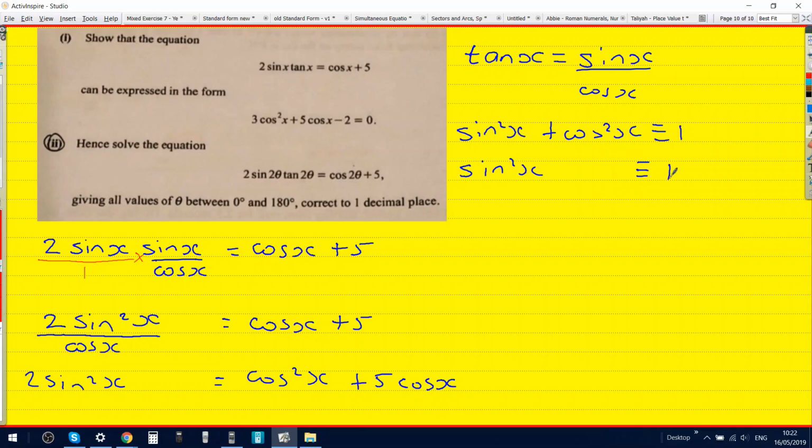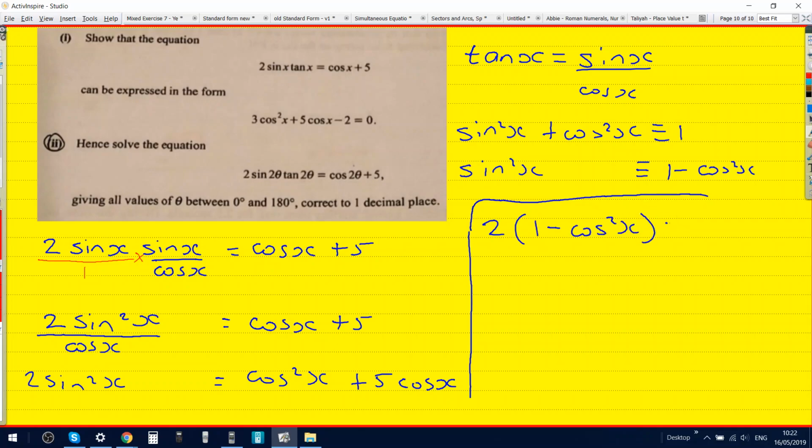Yeah. So use that to remove sine squared x from this. What do you get? 2 times 1 minus cos squared x. And then you go from there.